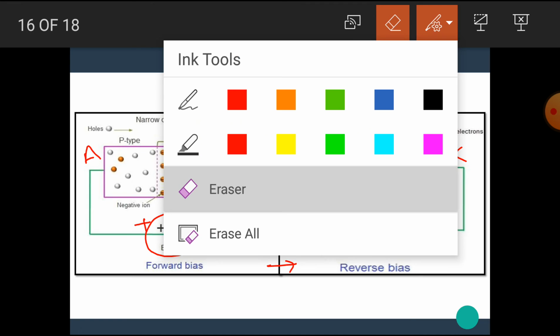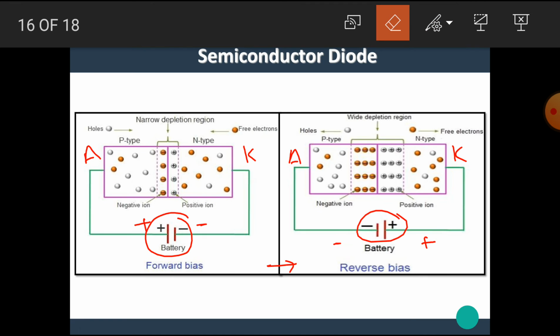Now what happens in the forward bias mode? In forward bias mode, the electrons in the n-type material are repelled by the negative terminal of the battery, because the battery terminal is negative and the charge on an electron is also negative.